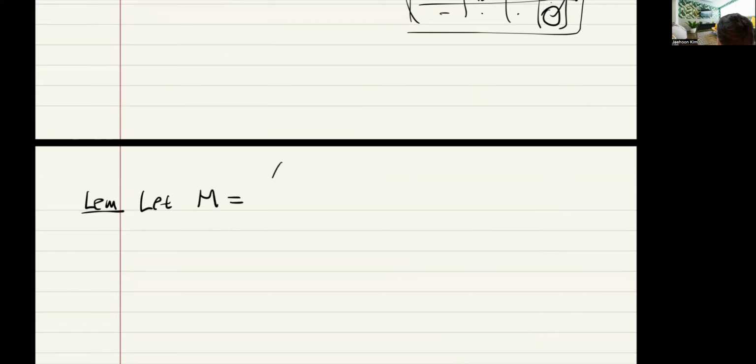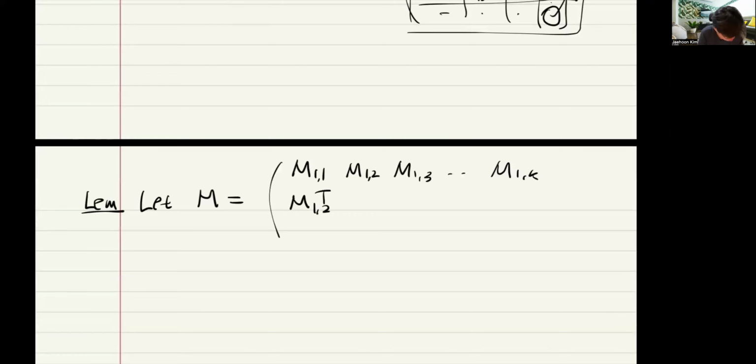So M is the matrix so that we have M11, M12, M13, M1K. Here, this is symmetric.